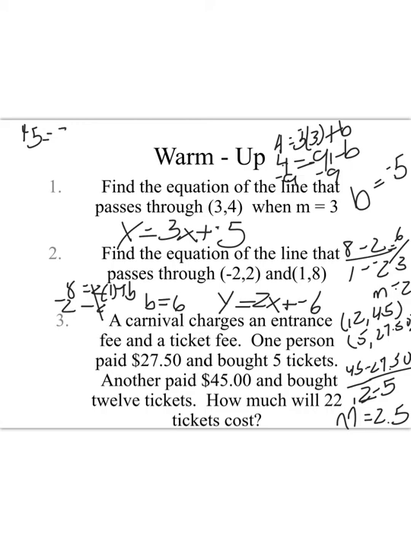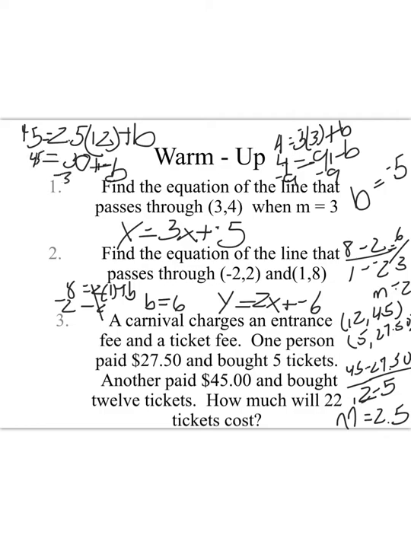So 45 equals my slope of 2.5 times the 12 tickets plus b. The 2.5 times 12 will actually give me 30. 30 plus b. And it's going to equal 45.